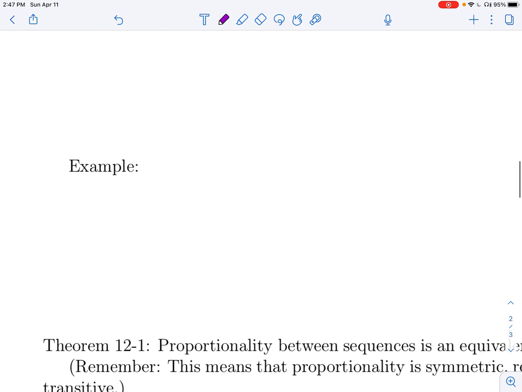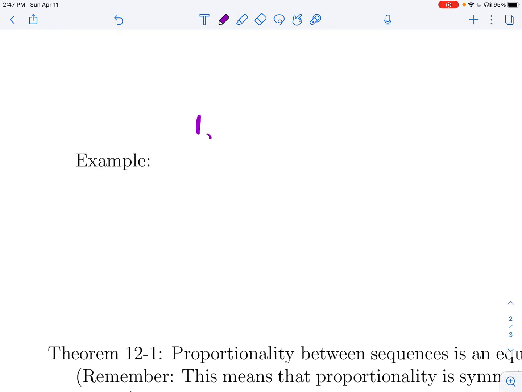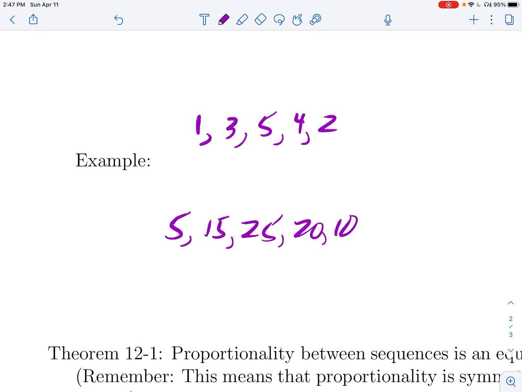Just as an example, if I have one sequence that begins 1, 3, 5, 4, 2, let's just say it's those five numbers, and then I have another one, 5, 15, 25, 20, 10. These are proportional sequences. And why is that?